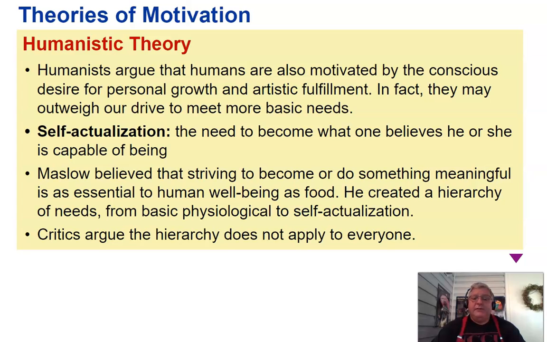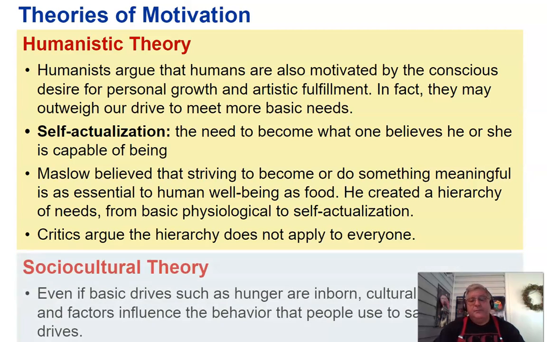Maslow believed that striving to become or do something meaningful is as essential to human well-being as food. He created a hierarchy of needs from basic physiological needs to self-actualization. Critics argue that the hierarchy does not apply to everyone.